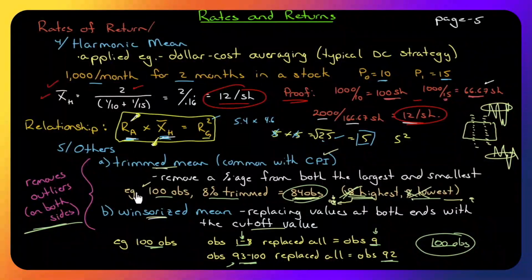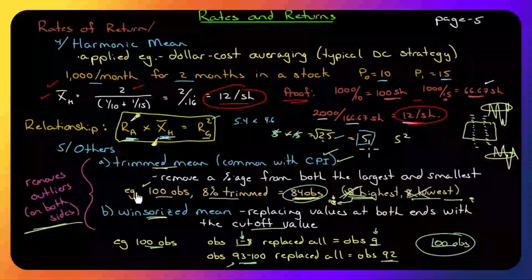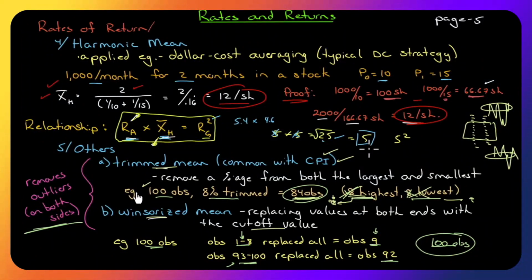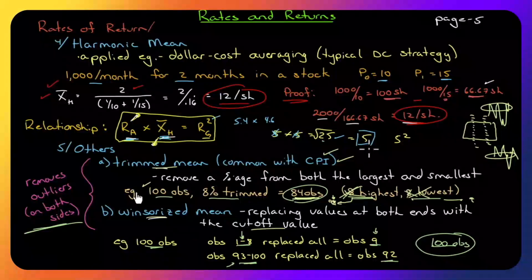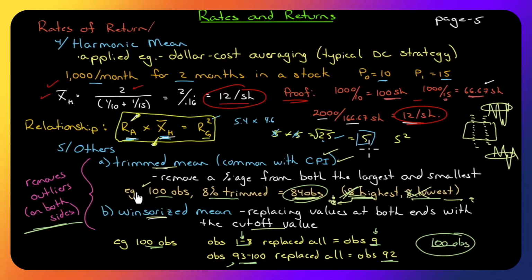When you look at CPI, it is very common to have the trimmed mean CPI reported because CPI does contain some volatile components. If we want to get an idea of the true trend in the underlying price level, sometimes getting rid of those extreme things helps a lot to figure out a smoother change in prices.